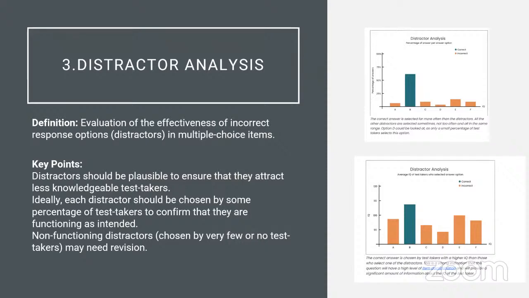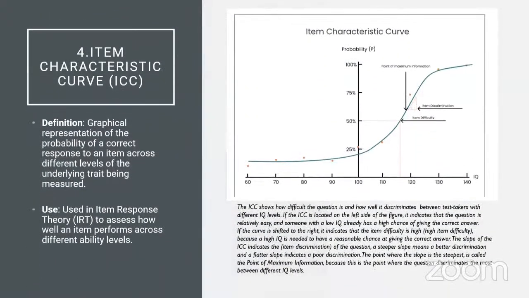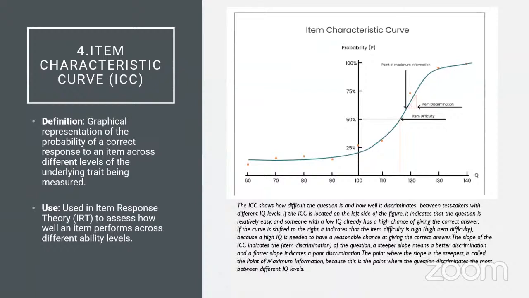Next. This is already done. Graphical representation of the probability of a correct response to an item across different levels of the underlying trait being measured. This is called the item characteristics curve.